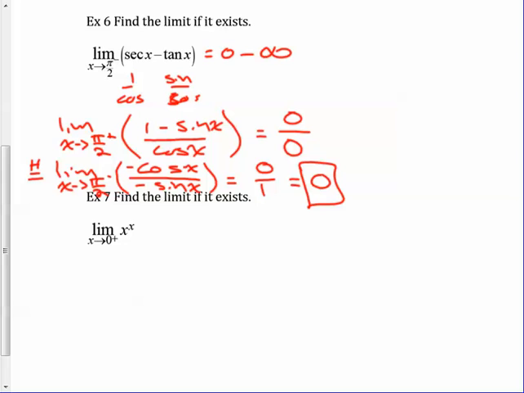So my answer is 0. And who would have thought that if you took an infinite number away from 0, you would end up with 0?